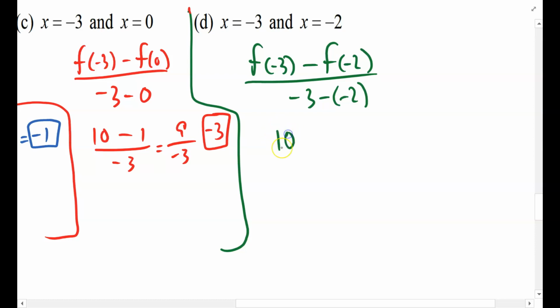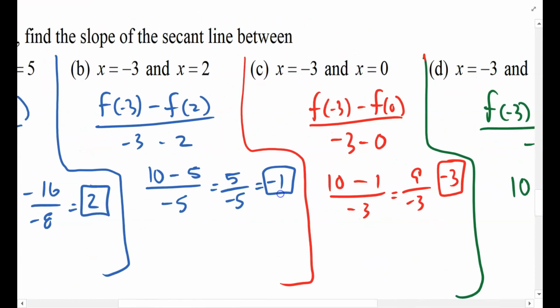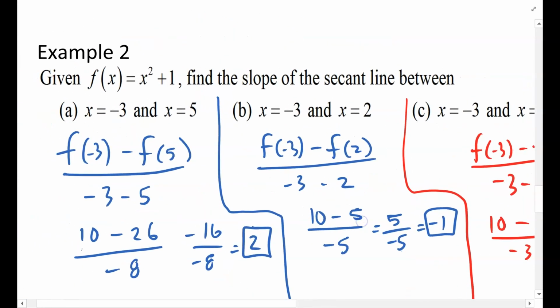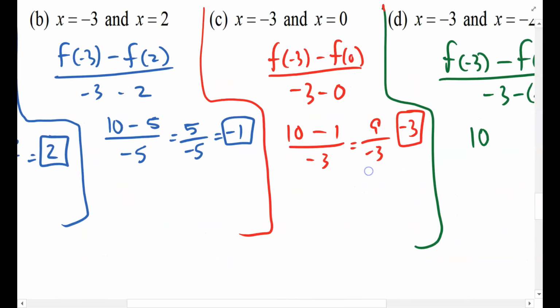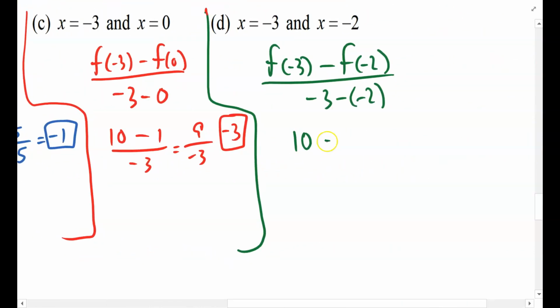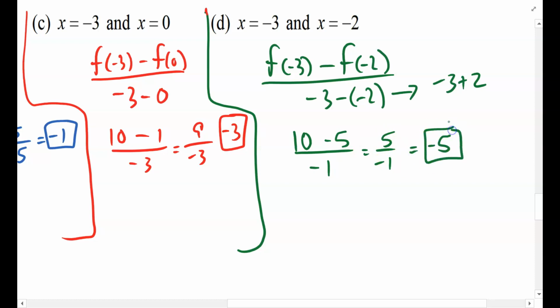But anyways, on top, again, surprise, surprise, we have f of negative 3, which is 10. And then we have negative 2 squared. Negative 2 squared is 4 plus 1 is 5. So 10 minus 5. And on the bottom, this becomes negative 3 plus 2, which is a negative 1. So 5 over negative 1 is a negative 5.